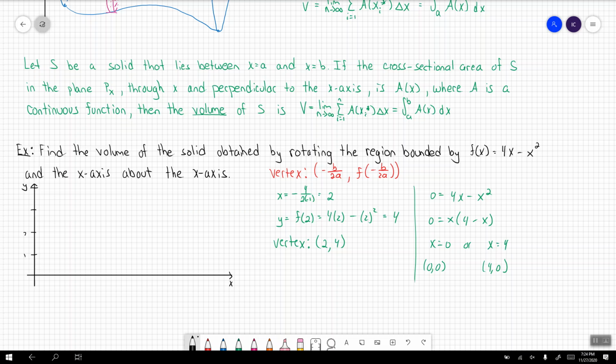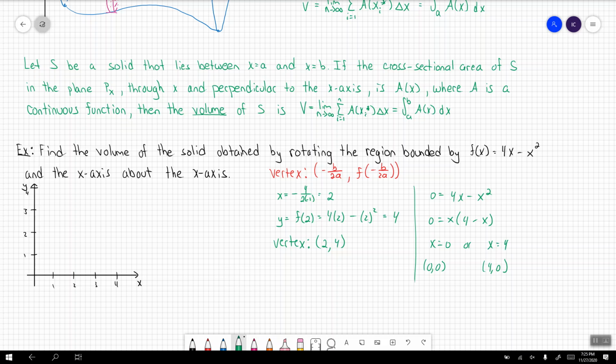And there we are. 1, 2, 3, and 4. Now, my x values are going to go all the way out to 4 as well. There we are. So let's condense this down just a little bit more.